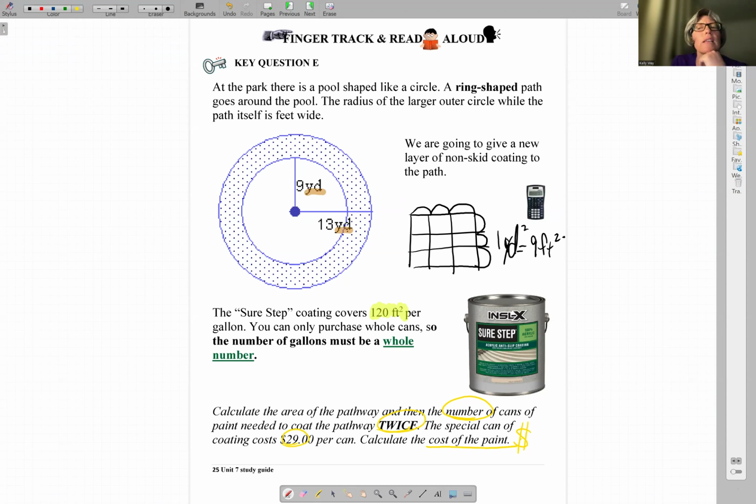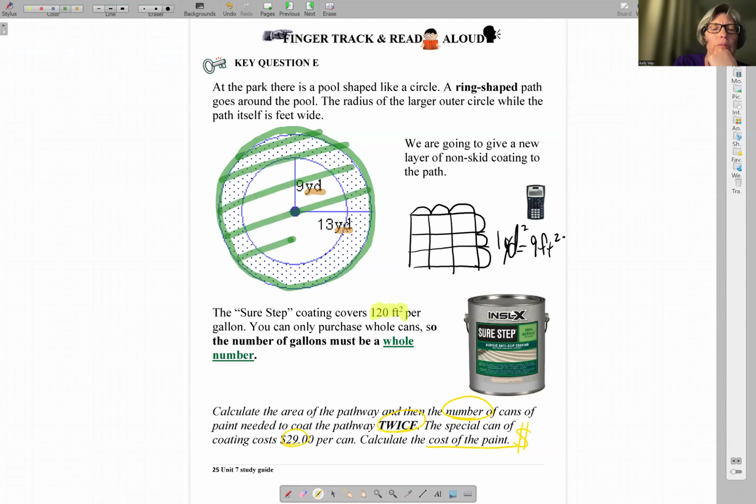First order of business is, how many square feet is that pathway? Really simple here. To find the pathway, we have the area of the larger circle and the area of the inner circle.